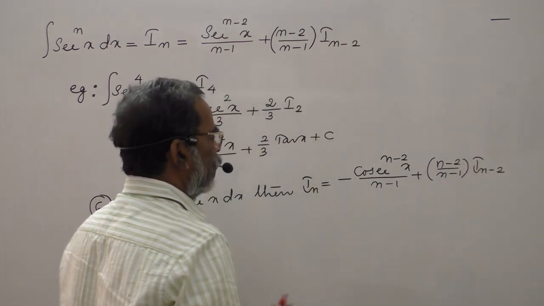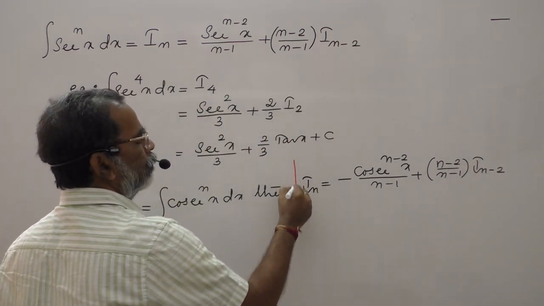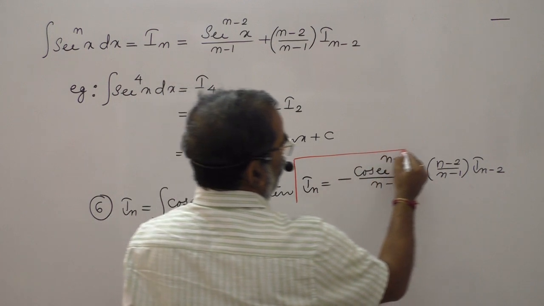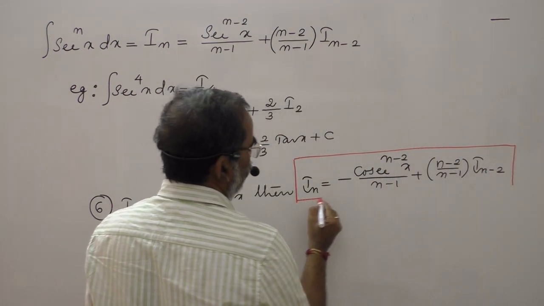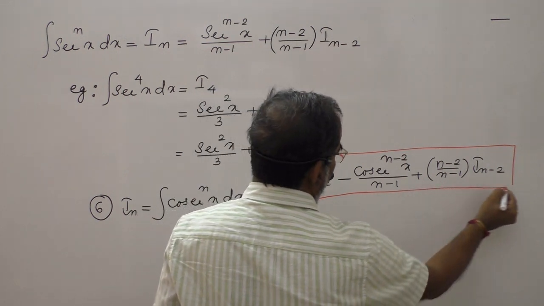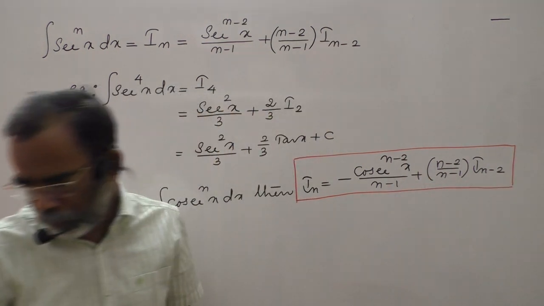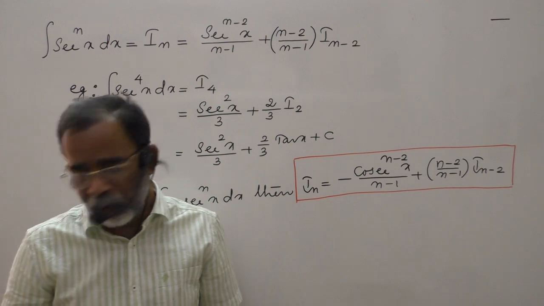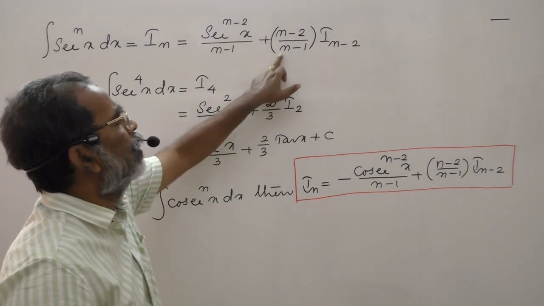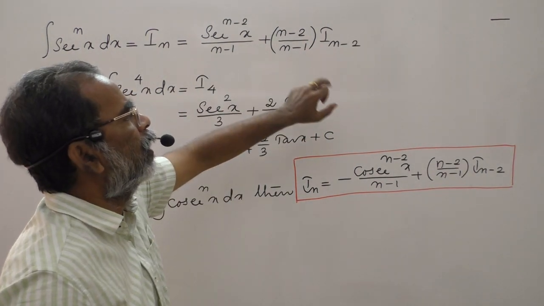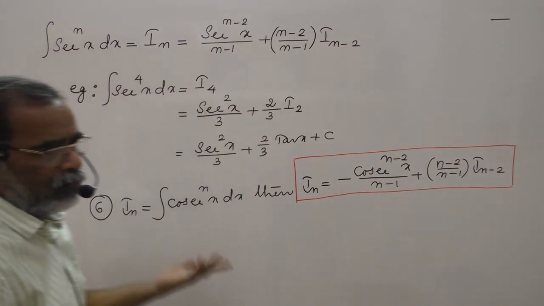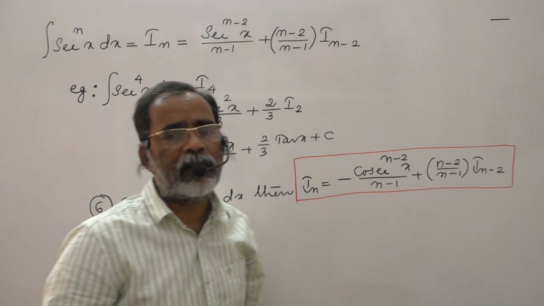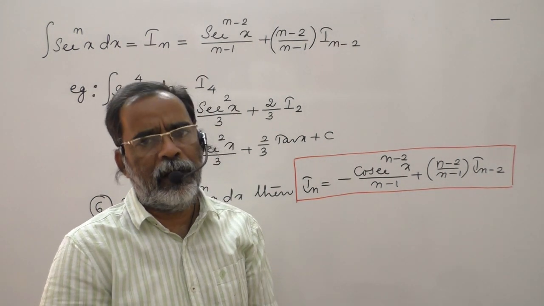This is the reduction formula for cosec. The derivation procedure is the same as sec power n. This is applicable for n greater than 2. If n equal to 2, this becomes direct cosec square, which is a standard integrand.